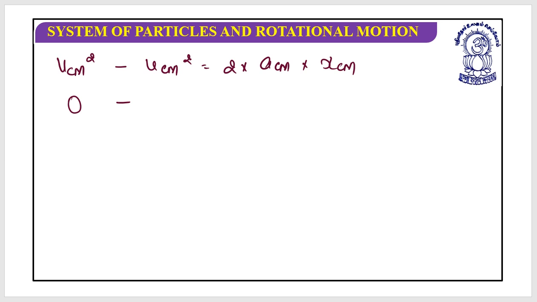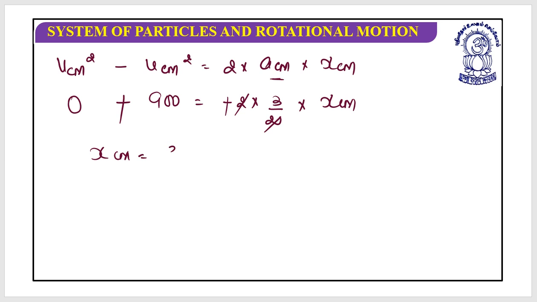Initial velocity is 30, so its square is 900, equals minus 2 into minus 1.5, which I can write as 3 by 2, into xcm. So the minus has gone, and xcm would be 900 by 3, which equals 300 meters. Yes, so this could be done. I hope this is clear.